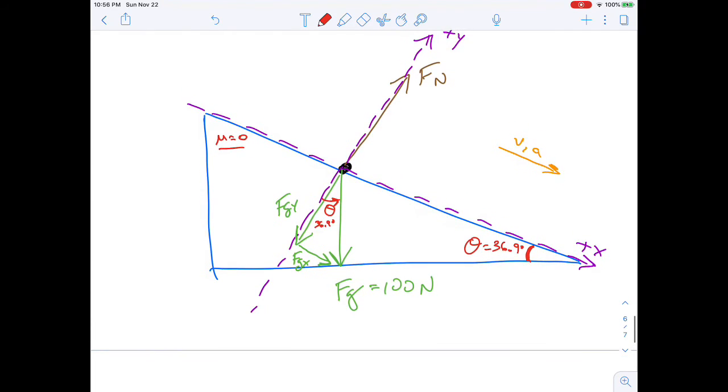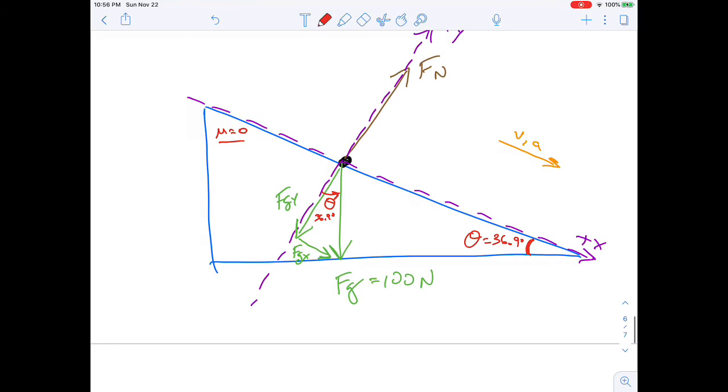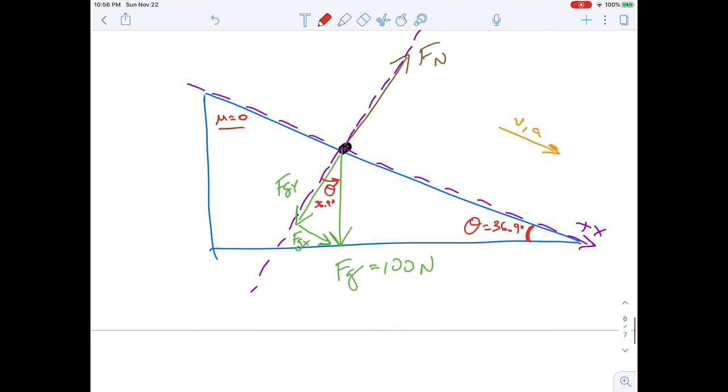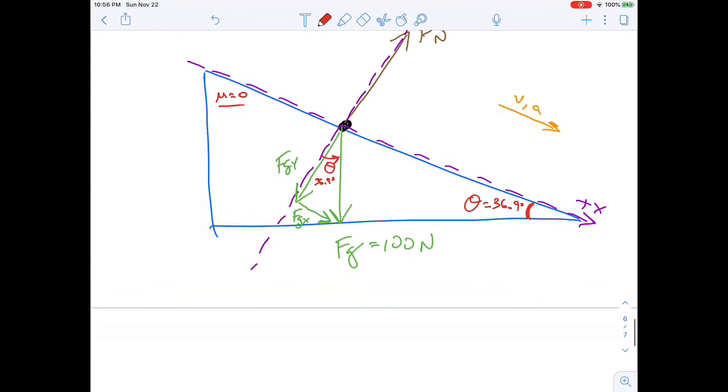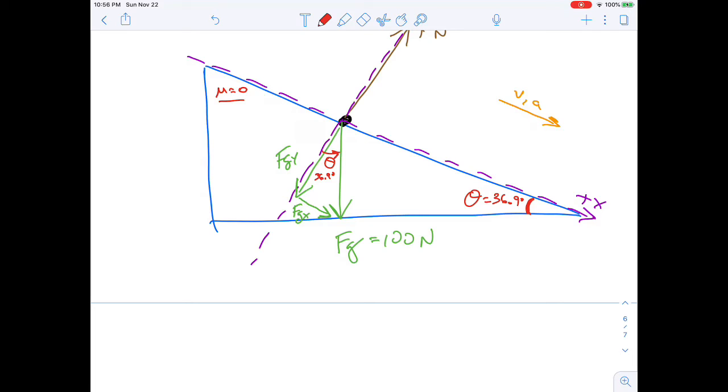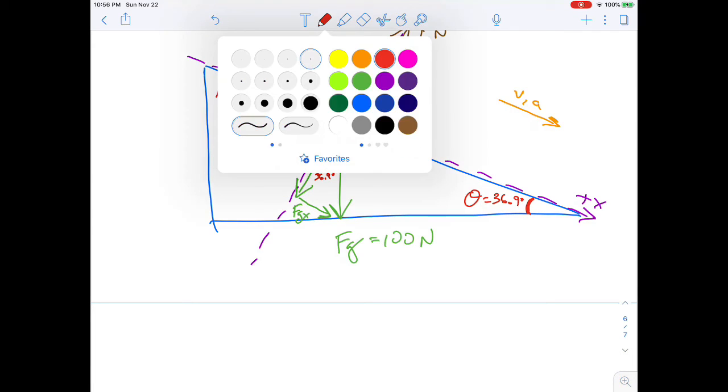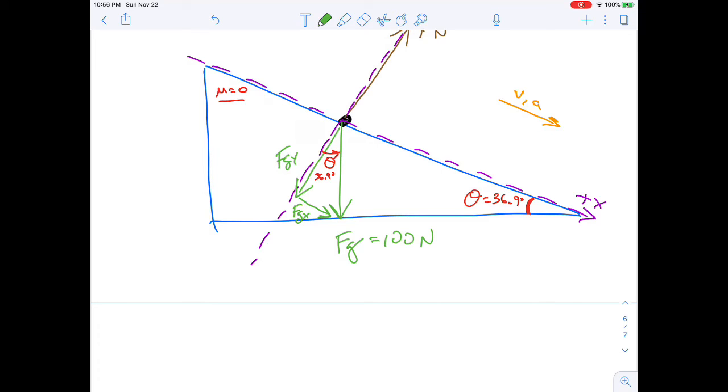And so now I can determine a couple things. If I had a mass that weighed 100 newtons, I can determine FGY and FGX. If it's just a triangle and I use trig, FGX equals, now be careful, look at the angle and look at the sides: opposite over adjacent, opposite over hypotenuse, adjacent over hypotenuse.